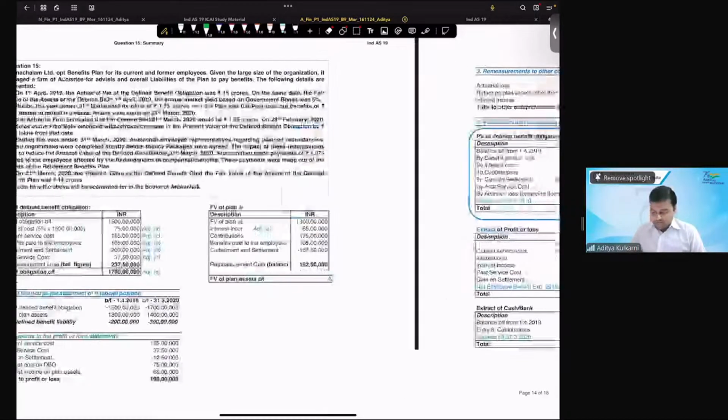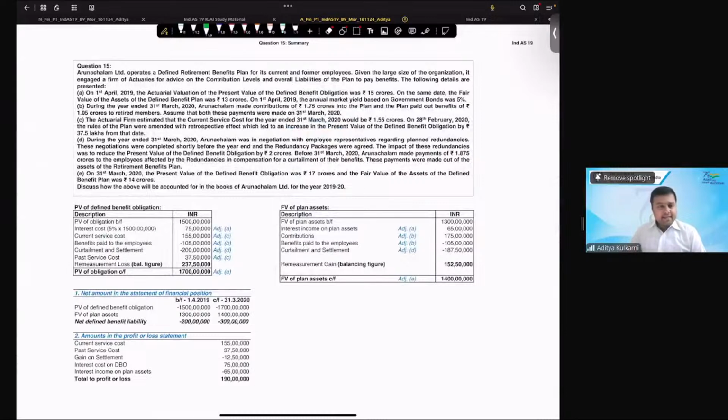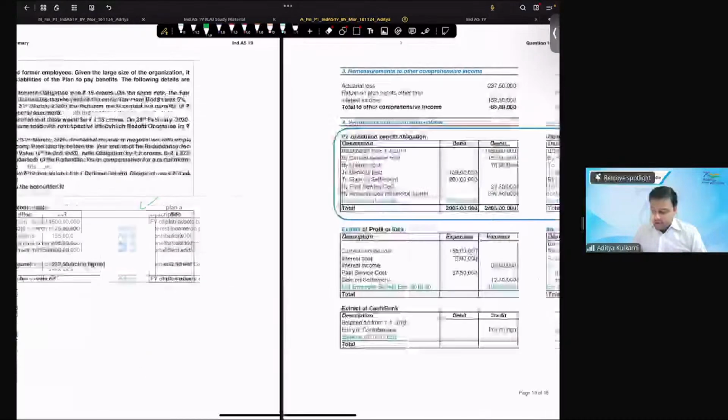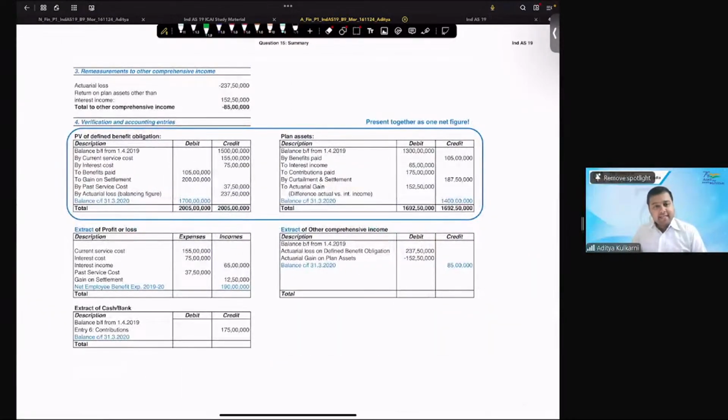I can either do it in the statement form, where I present DBO and plan assets, or I can do it in the account form. I will take the account form in the beginning because that is easy for us to understand.